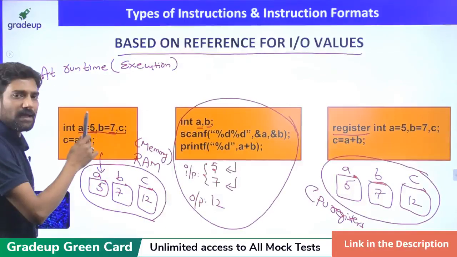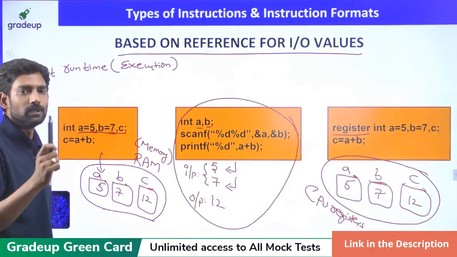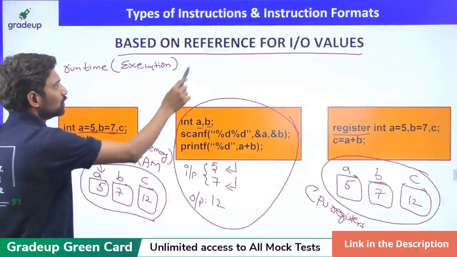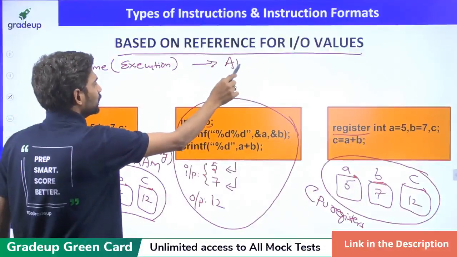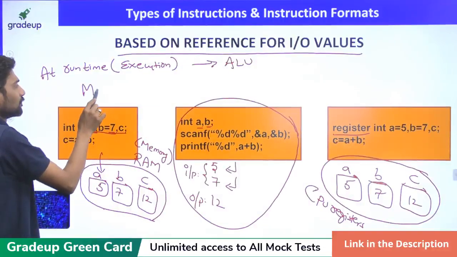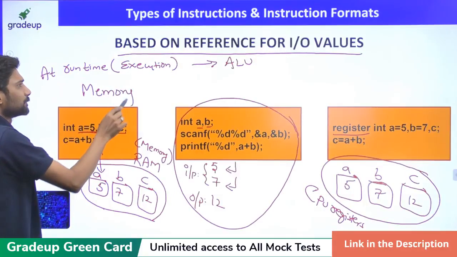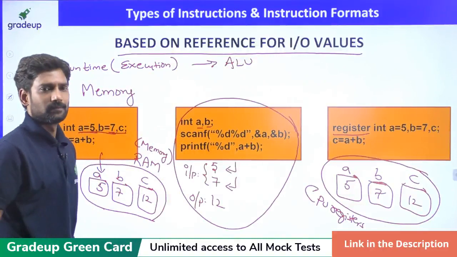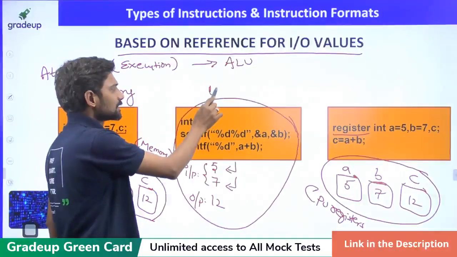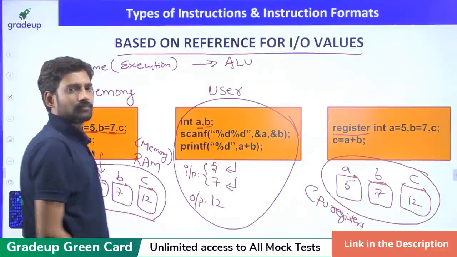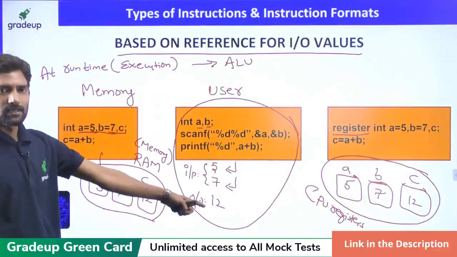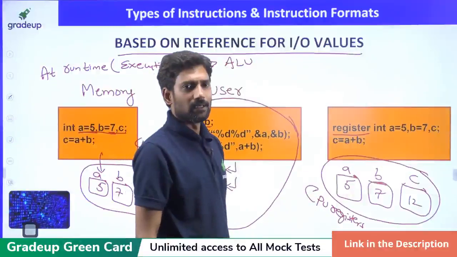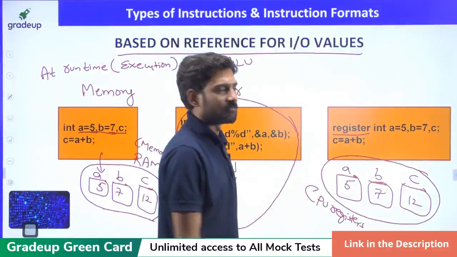A value and B value are supplied by whom, to the ALU? Memory is giving the input, isn't it? Here who is giving? The user is giving the input, right? And here who is giving? The ALU is taking the input from where?